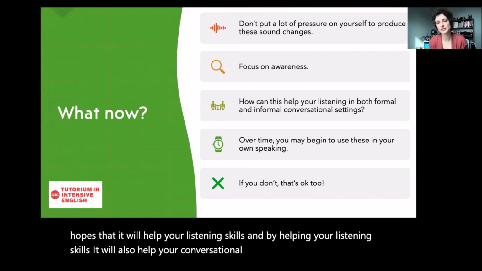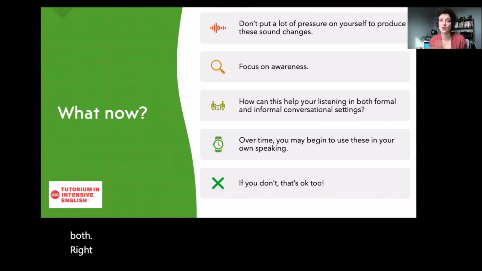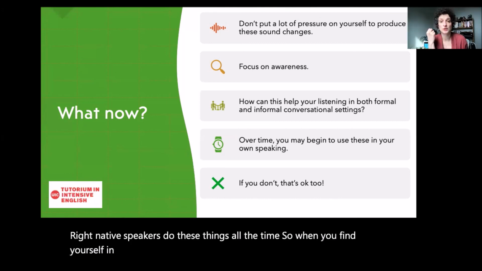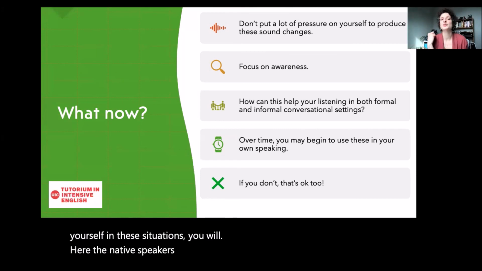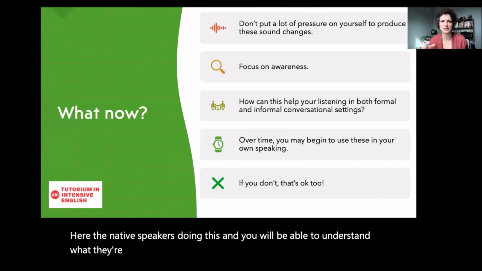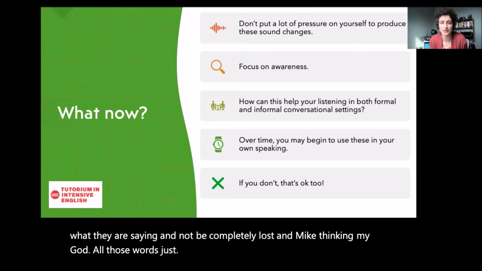So when you find yourself in both formal and informal settings, because this will happen in both, right? Native speakers do these things all the time. So when you find yourself in these situations, you will hear the native speakers doing this, and you will be able to understand what they're saying and not be completely lost, thinking, oh my God, all those words just squished together.